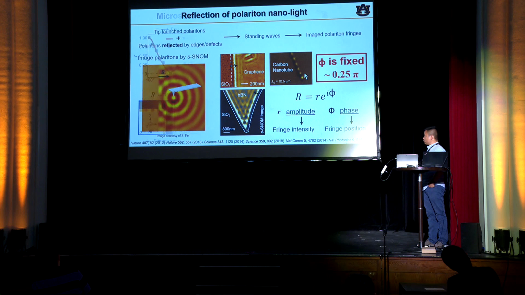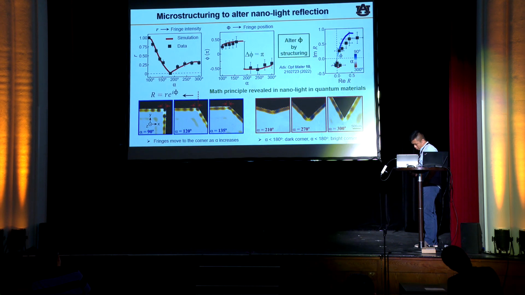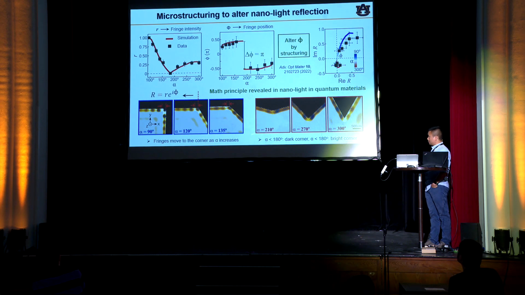We did this microstructuring and tried to alter the reflection phase of polaritons. As you increase the corner angle, one could see these polariton fringes move closer to the edge. And as your angle crosses 180 degrees, you see that at this edge, it becomes bright instead of dark fringes.